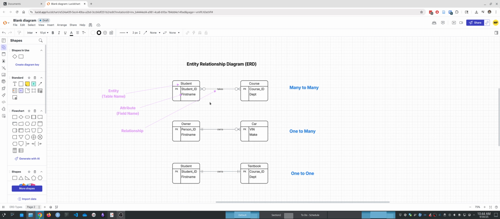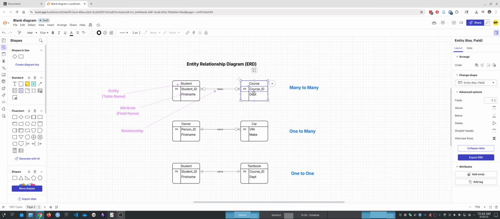You need to know that database modeling and relational databases are built on set theory. Remember last time we talked about how these attributes would be column headers in a spreadsheet. We'd have a column for course ID, a column for department, and so on.